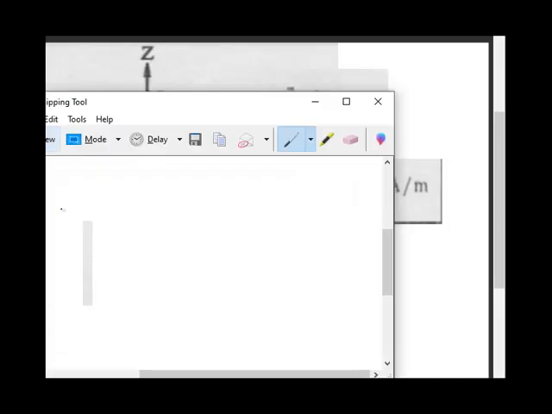In cylindrical system, this A phi is calculated as the angle between rho and the x z plane. Let me draw the coordinate system. This is x axis, this is z axis, this is y axis, and this is rho, then it is the angle between the rho and x z plane.